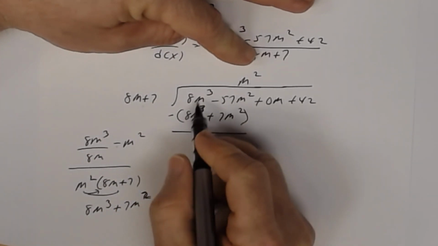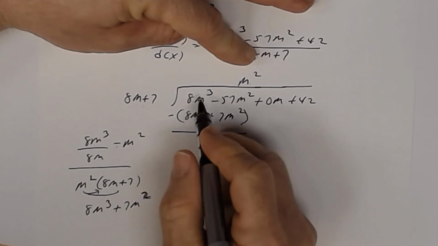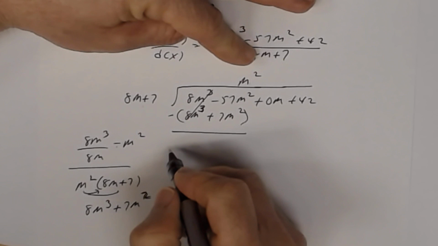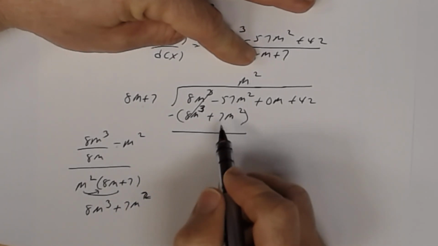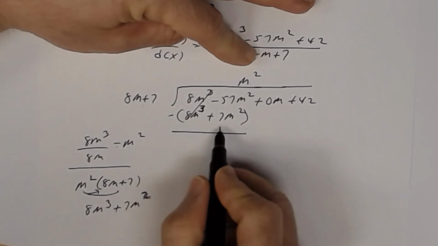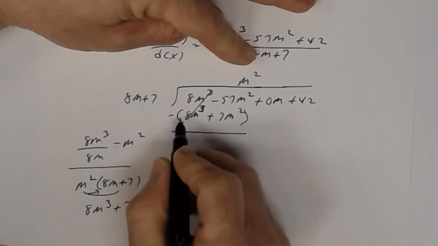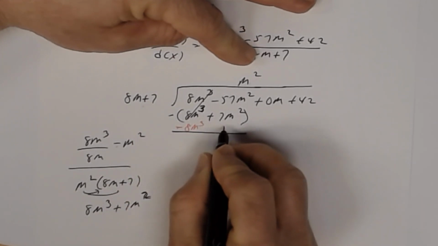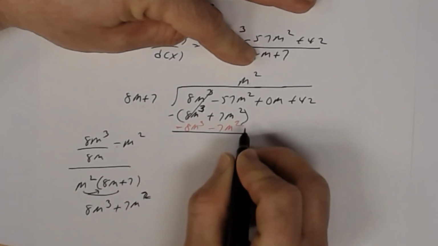When I subtract this, it's not difficult because you can see that 8m cubed minus 8m cubed is 0. Some of you may have an issue here, so you may want to write out the equivalent expression. The opposite of 8m cubed is negative 8m cubed. The opposite of 7m squared is negative 7m squared.